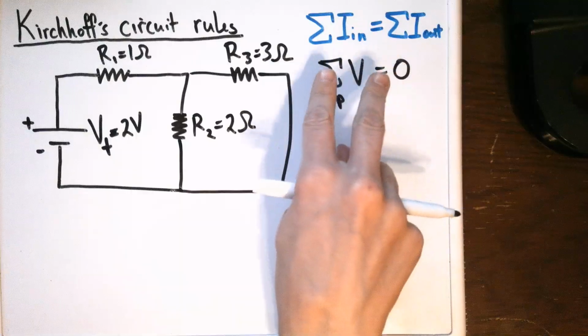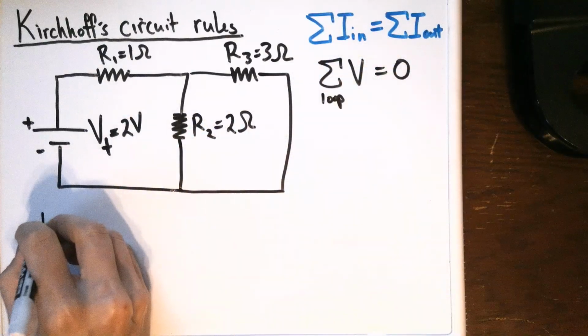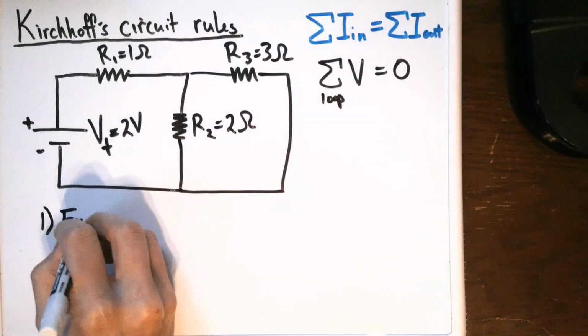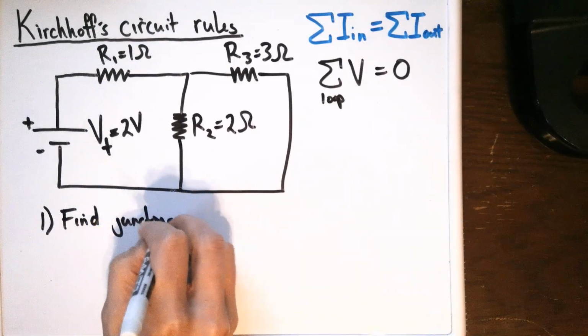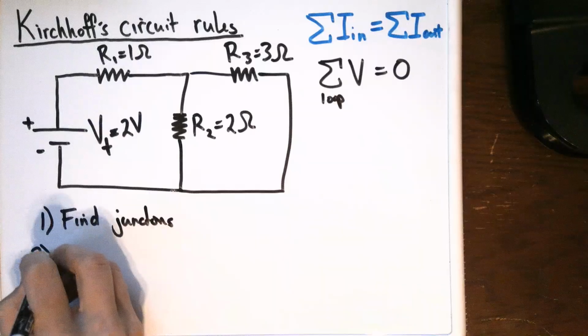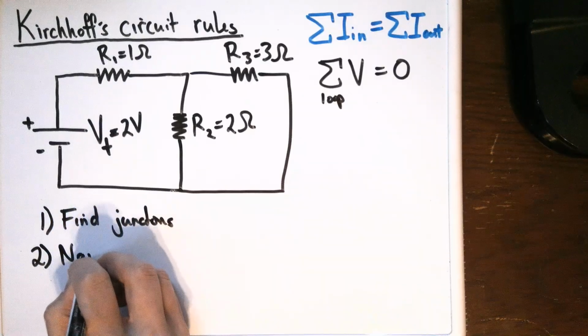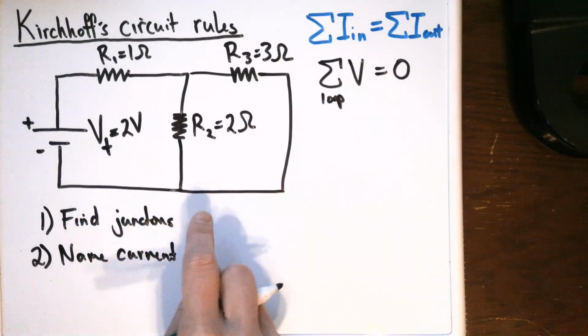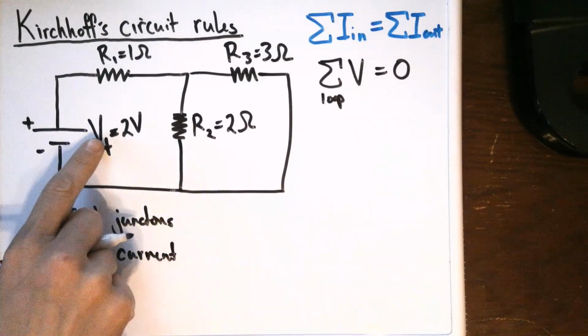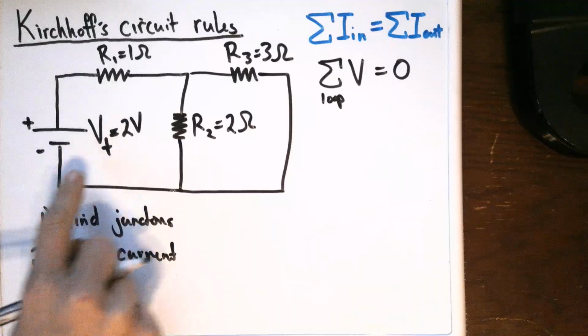All right, so applying them, how do we do this? All right, so first thing is find your junctions. Two, name the currents, by which I mean just give them a symbol in the same way we've given the voltage across the terminal of these two batteries.